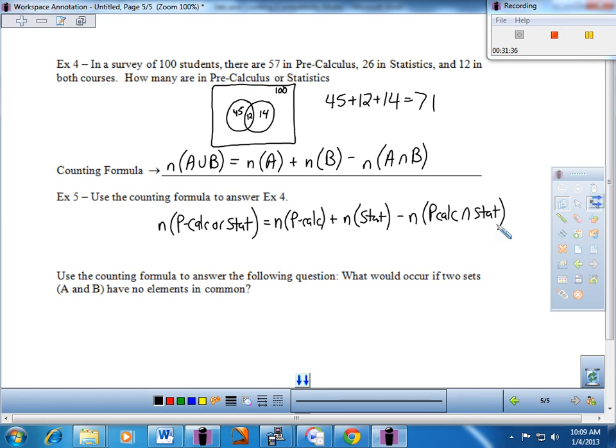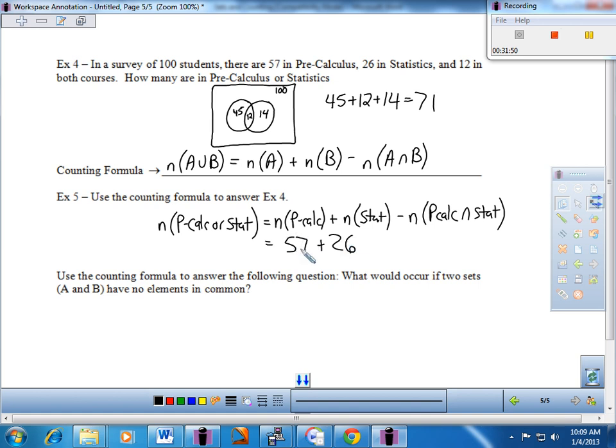All right, let's go ahead and do it. Watch what happens here. The number in pre-calc would be 57. The number in stat was 26. And here's the problem. There were 12 people that I included in here, and I also included here. If you remember correctly, there were 12 people in both courses.